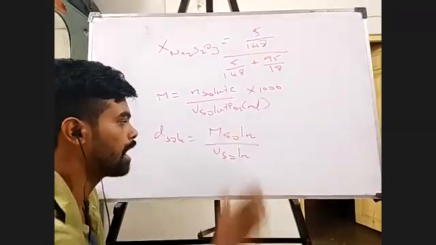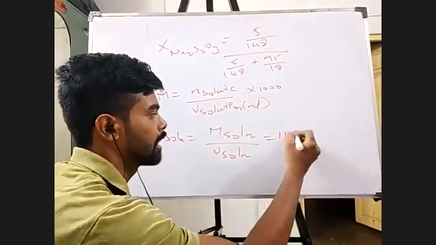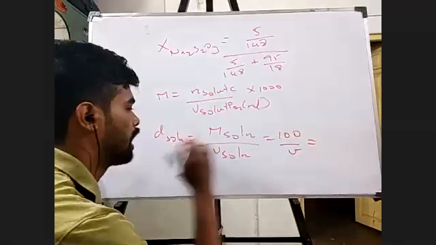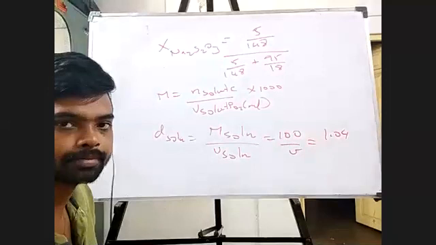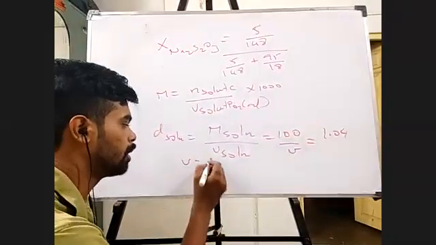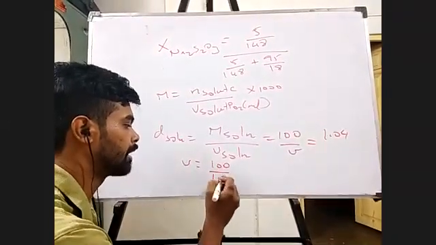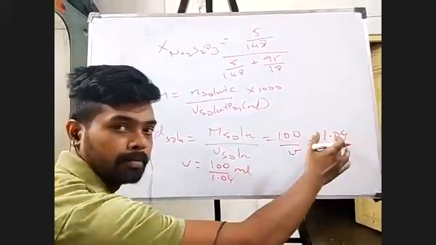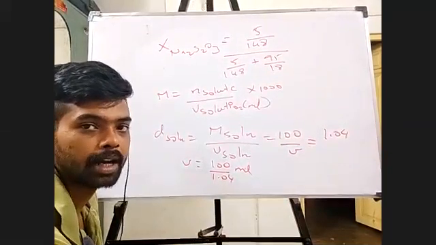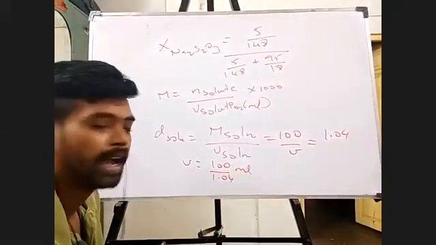So the mass of solution is 100 grams, volume I don't know, and the density is 1.04 grams. So what will be the volume? Volume will be 100 divided by 1.04 ml, because density is given in terms of gram per ml. So that's why I get ml here.